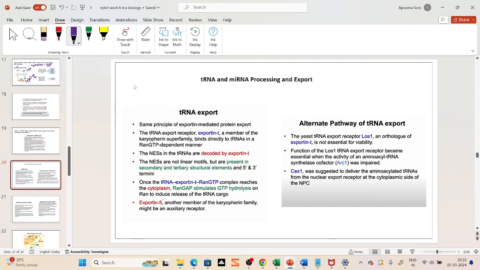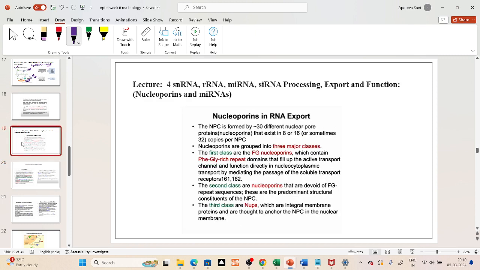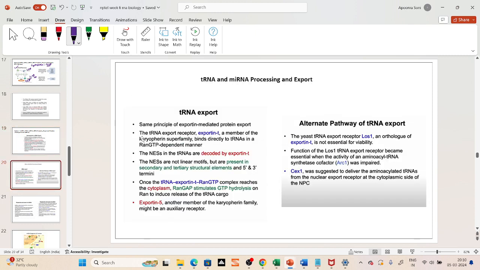Then this is normal RNA transport that we have talked about. Then specifically we will talk about tRNA transport. So how is tRNA transported? Export and import happen in the same process. The only thing is that the receptor which is used for tRNA transport is exportin T. This is the receptor which works in a RAN GTP manner.